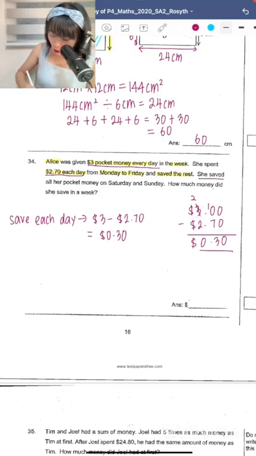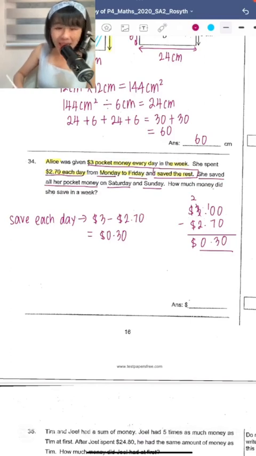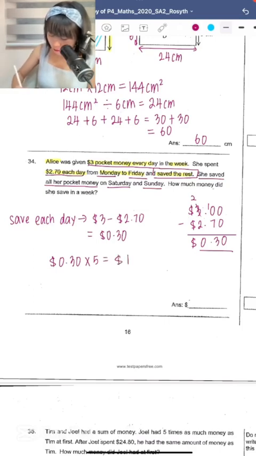She saved all her pocket money on Saturday and Sunday. Do take note that what she saved is only for Monday to Friday. So if one day she saved 30 cents, Monday to Friday we have 5 days. So it's 30 cents times 5, which you should get $1.50.